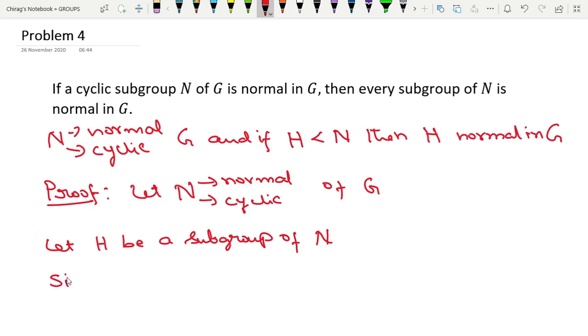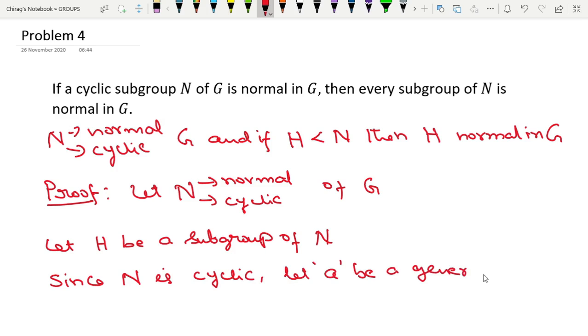Since N is cyclic, let a be a generator of N. That means what?